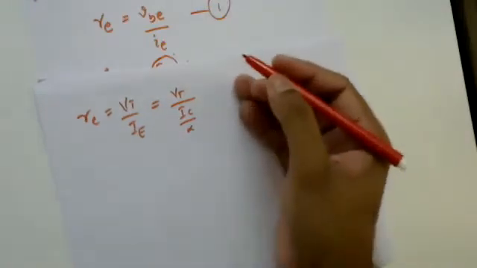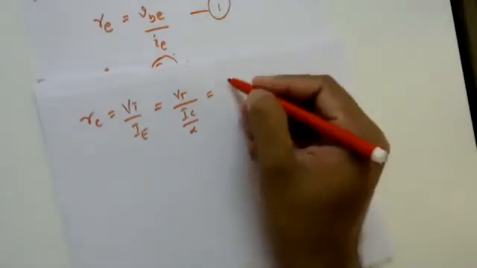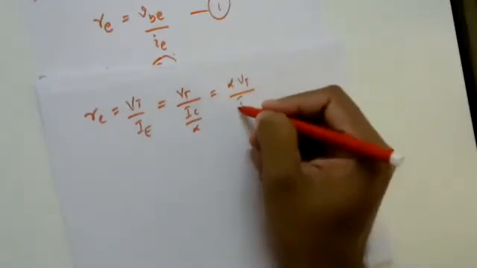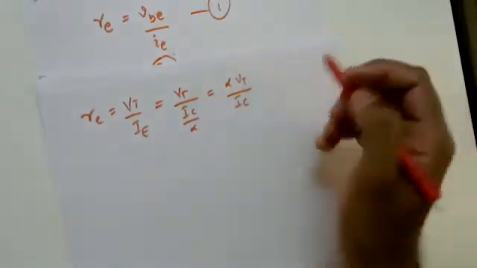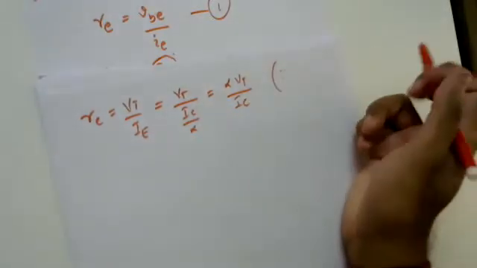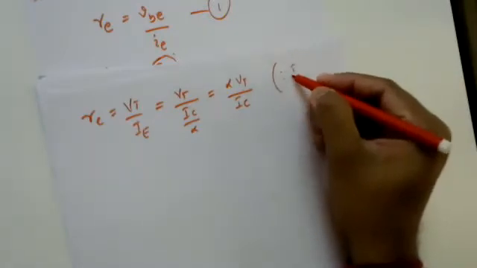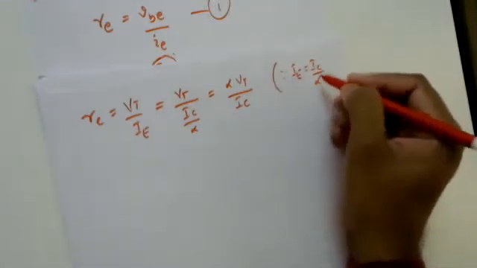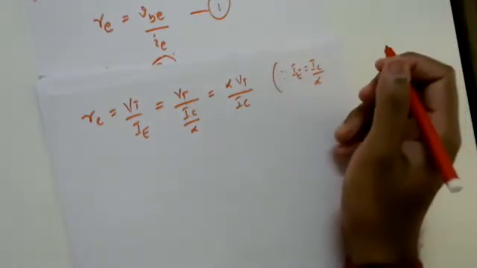If I take alpha to the numerator, what happens? Alpha times VT divided by IC. If you want fundamentals, I know my IE is IC by alpha, or IC is alpha times IE.